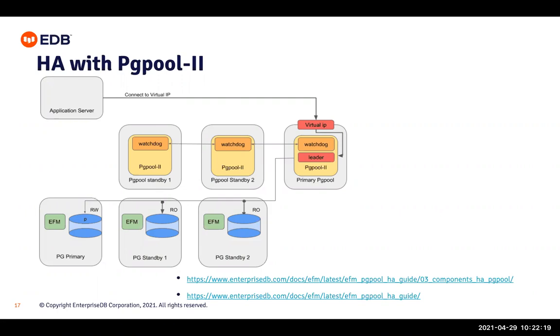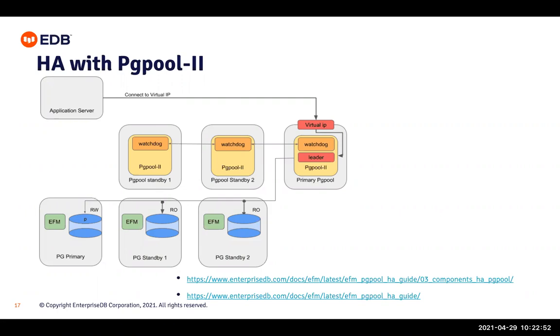And those PG pool nodes are connected to primary and standby databases. And primary and standby databases are managed by EFM, the failover manager. So if a failure occurs at primary node, failover manager will failover or promote one of these standby databases to be the new primary. So your PG pool node will have the virtual IP.